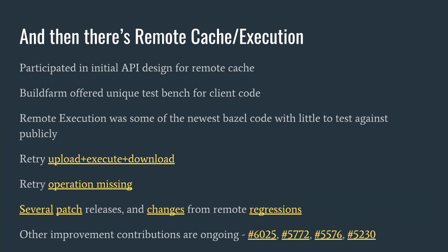We had the opportunity to rapidly iterate, talking with the remote APIs team inside of Google and the Bazel team itself, to try to improve the situation in a world where the remote execution endpoint, my endpoint, wasn't as reliable.